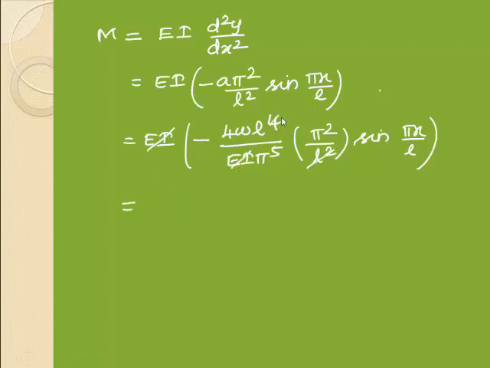Then L power 4 by L square, pi square by pi power 5. So simply minus 4 W L square divided by pi cube sin pi x by L.